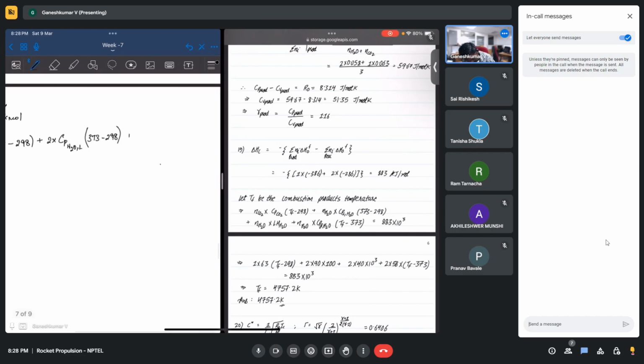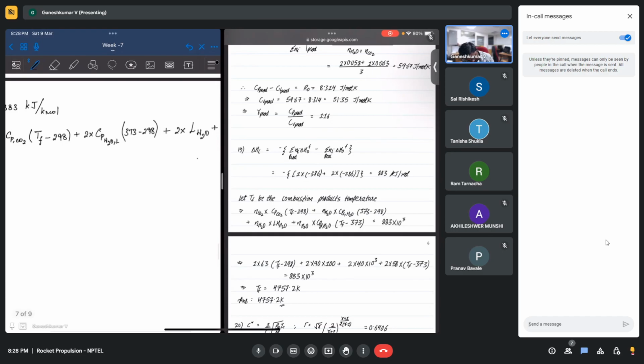And then you have 2 times latent heat of H2O, and then you have 2 times Cp of H2O, but in terms of gas, into Tf minus 373. This is the total energy required to heat up.